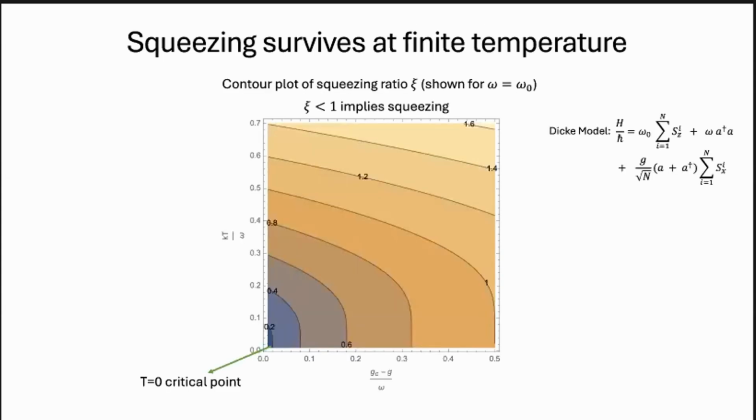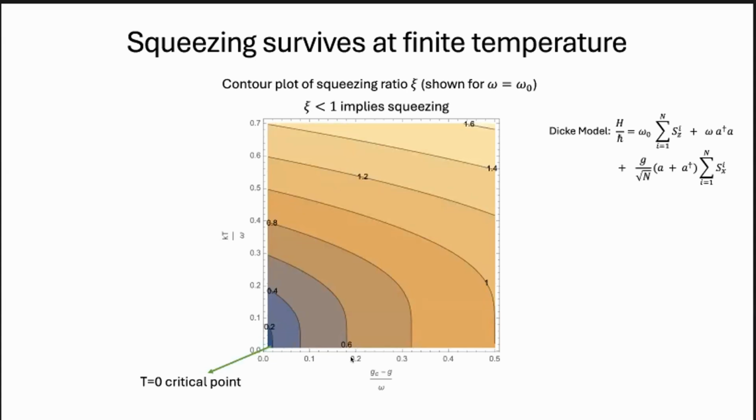The next thing I wanted to see is, if the squeezing is expected to be there near the phase transition, and if one wants to see whether it could ever be realized in a material, then it had better be robust to things like temperature and disorder. So the first thing I look at is what happens to this squeezing at finite temperature. This is a calculation where the important detail is that I plot this quantity C, which, whenever it's less than 1, implies squeezing.